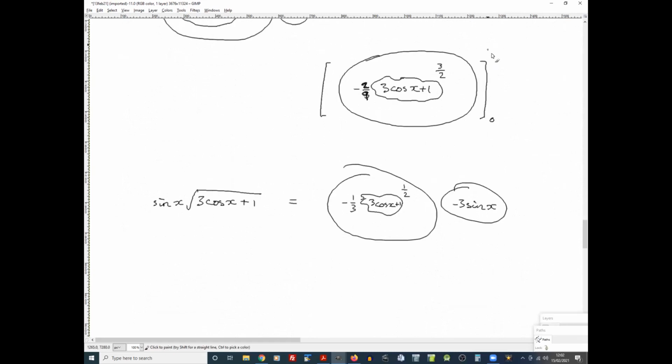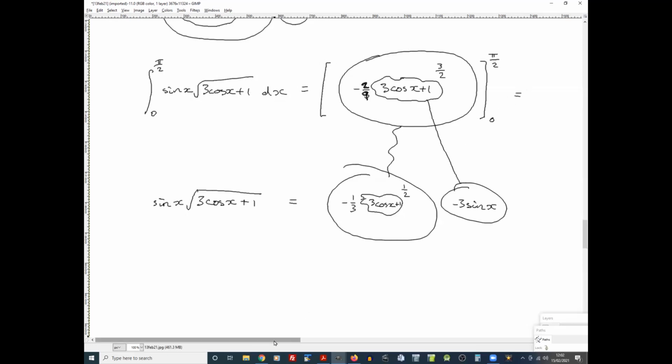So this time we're not going to bother changing the limits. But this was from 0 to pi over 2 of that stuff, all with respect to x.